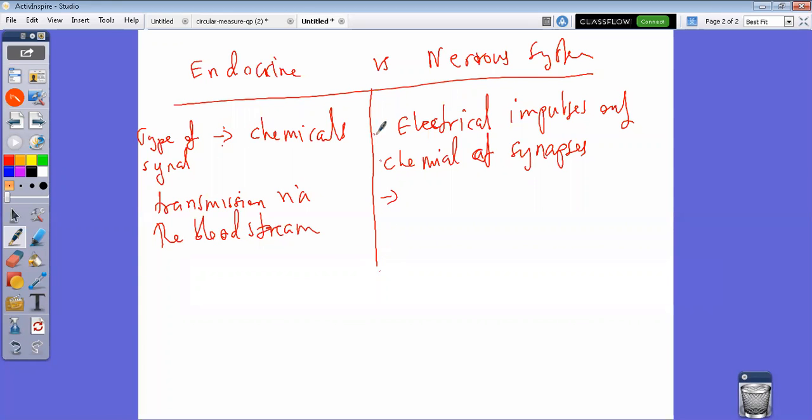What do you think? Those electrical impulses, they are via what? Someone? Transmission, yes, nerve cells or neurons. Transmission via nerve cells, and in brackets, we call them neurons. Clear?